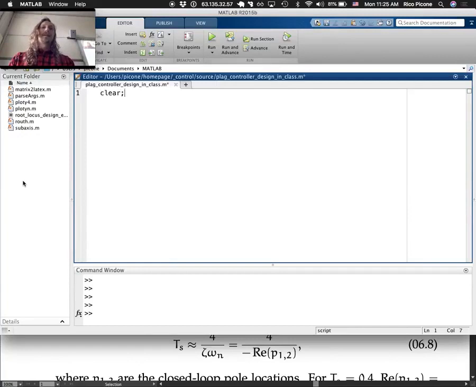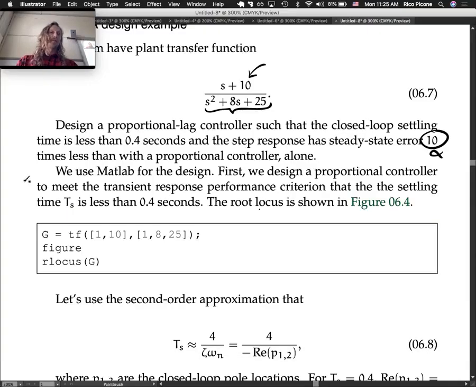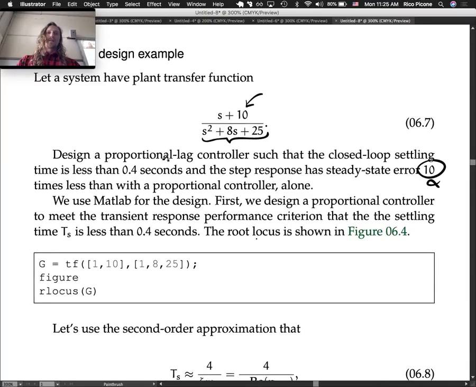So I start all my scripts off with clear and close all. Then we'll put in a cell and do system definition. Our open loop transfer function is this plant without a controller. It's just the plant, right?